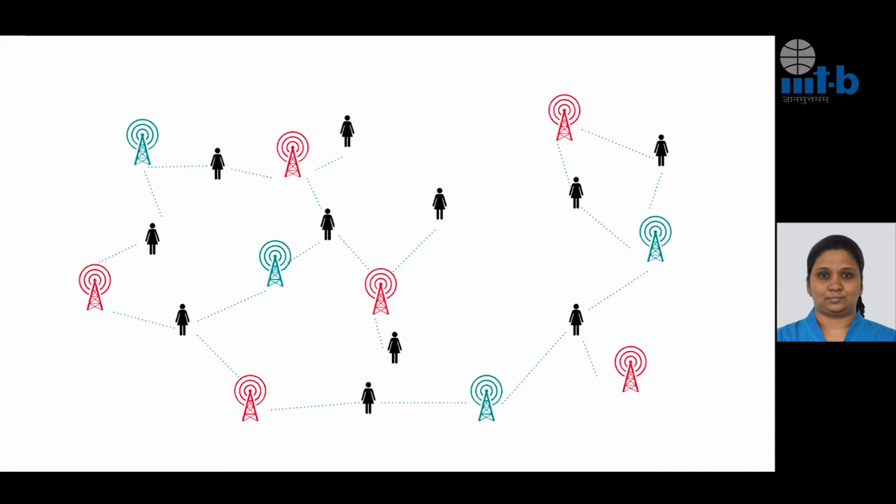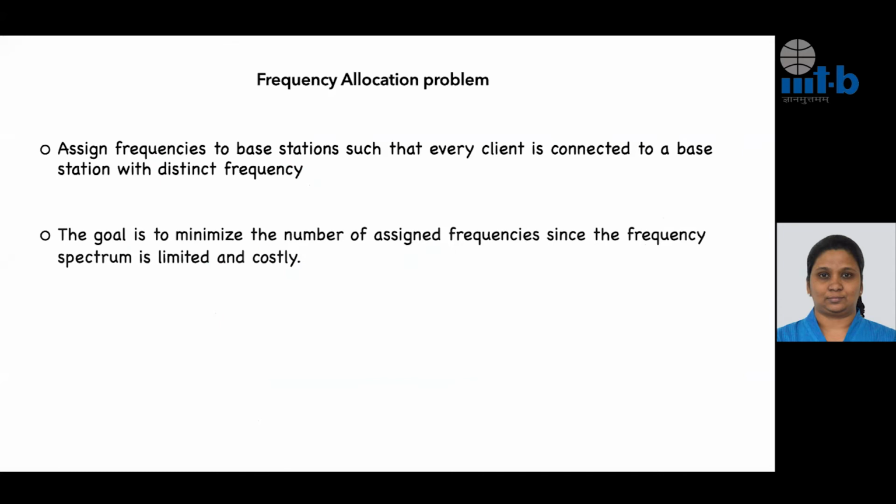Here I have used two frequencies, but in a complex network you might have to use more frequencies. The goal is to minimize the number of assigned frequencies since the frequency spectrum is limited and costly. So one objective is to study how to assign frequencies such that the total number of frequencies that you use is minimized. Actually, this problem can be converted to a hypergraph coloring problem.